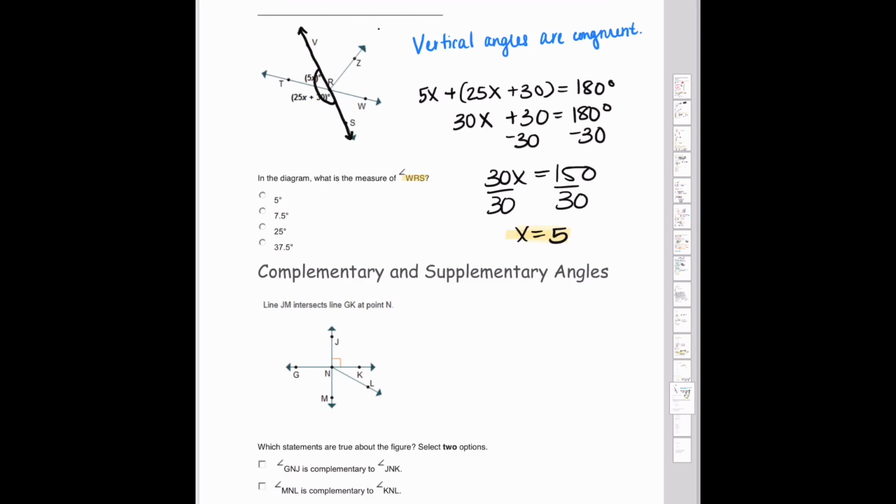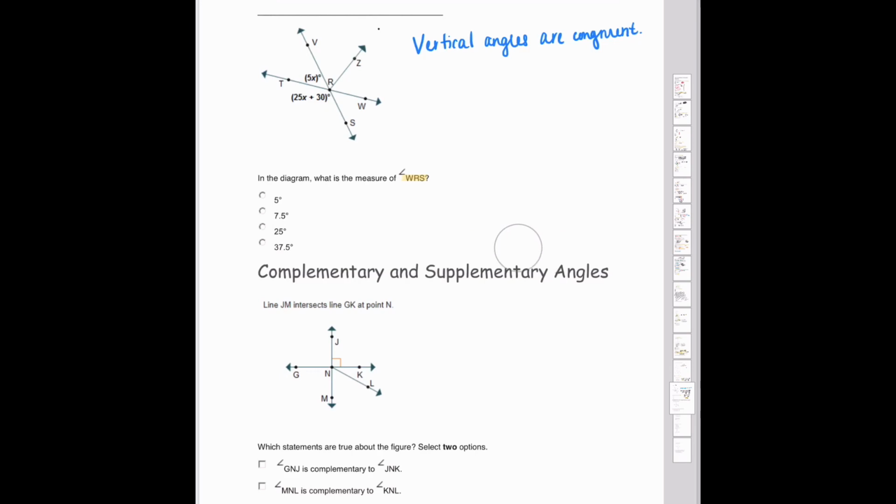What does that tell us? Well, now we can plug x into VRT to find the angle of WRS. So if x equals 5, well then we would substitute 5 into the angle measure, and we get that 5 times 5 equals 25.